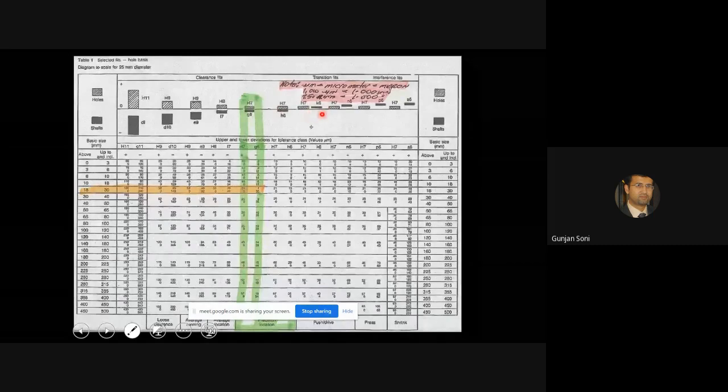And now you see that the hole's tolerance zone has crossed the basic size and has gone above the line, and it's giving the interference fit over here. Okay, so that's how we find out the tolerance zones.